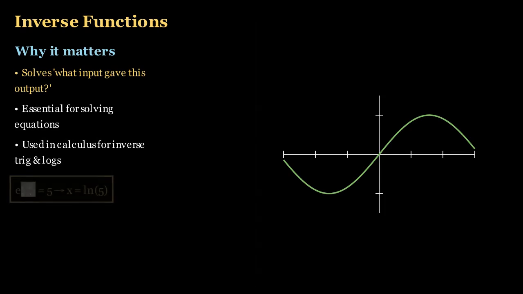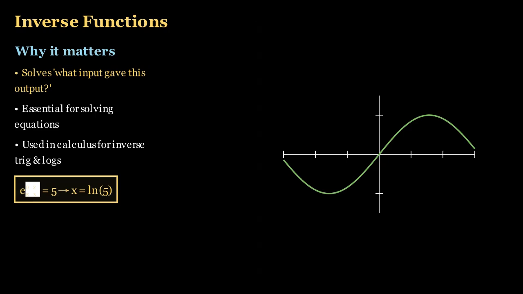To solve an equation like e to the power of x equals 5, you need the inverse function, the natural log, to extract that x. Without inverses, we'd be stuck. They are the master key for unlocking unknown inputs from known outputs, which is exactly what solving an equation means.